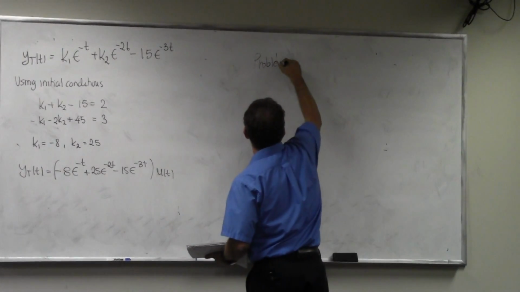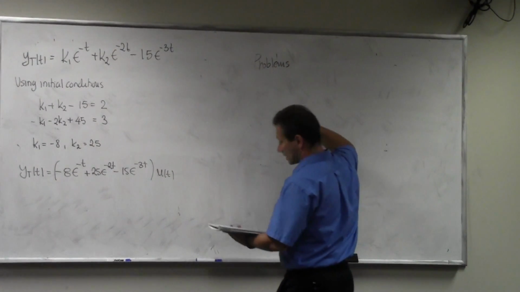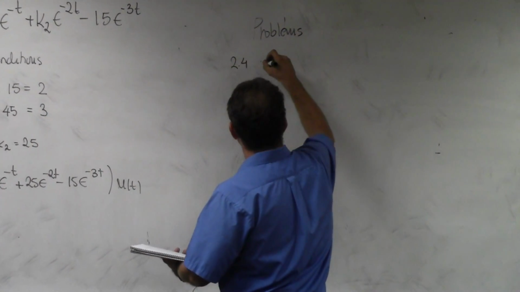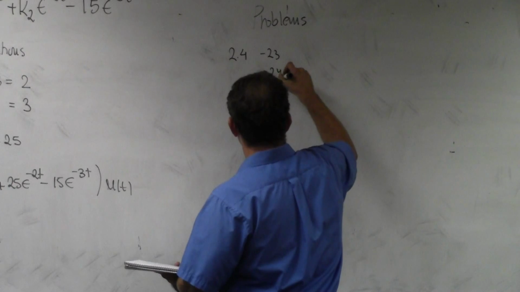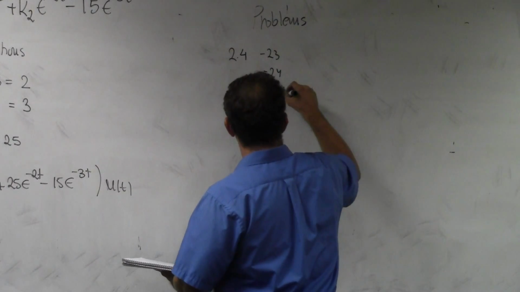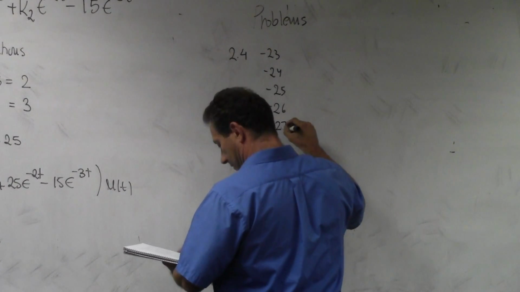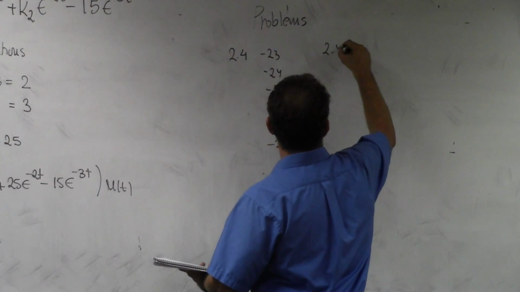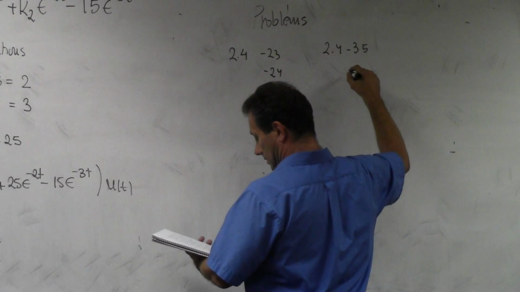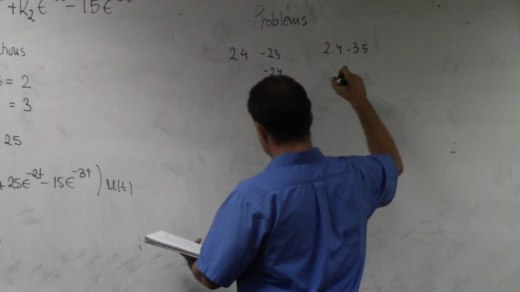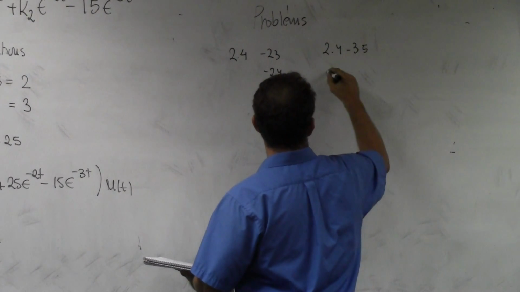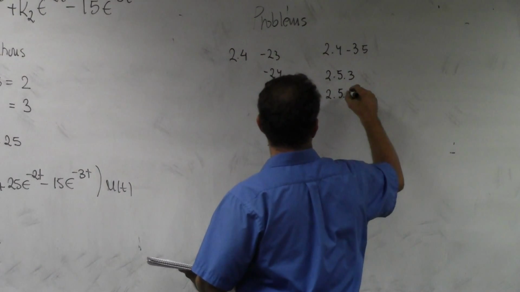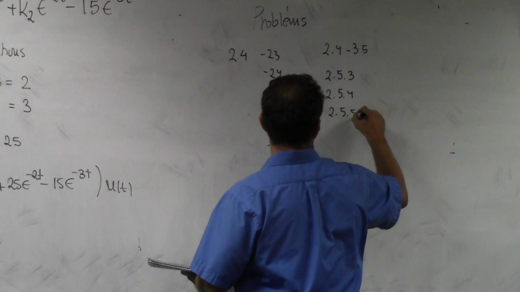So the problems associated with this material are 2.4, 2.3, 2.4, 2.5, 2.6, 2.7, 2.9, 2.4, 3.5, 2.5.3, 2.5.4, and 2.5.5.